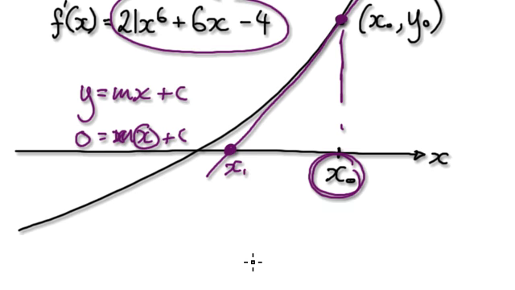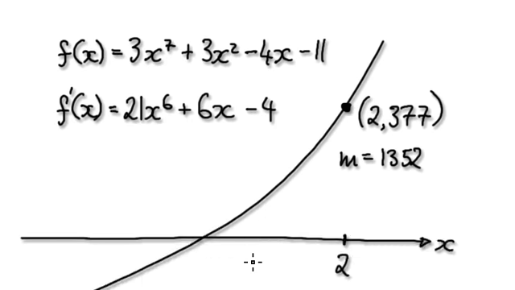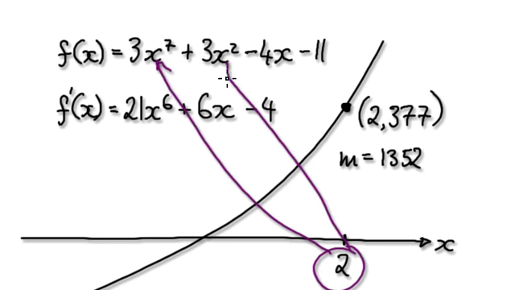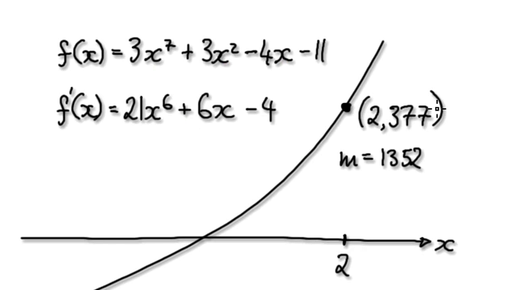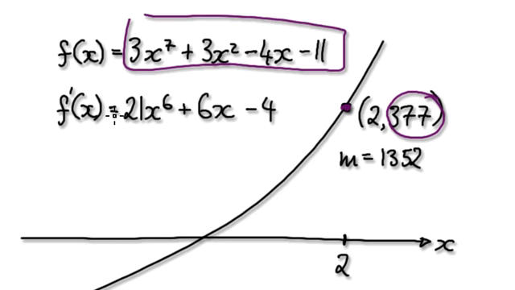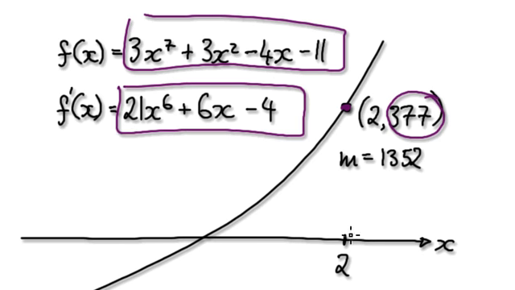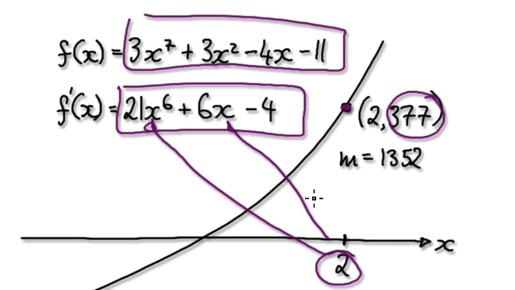So for example, hang on. For example, if you were to make a guess of 2, so put 2 into here, put 2 into here, put 2 into here. So this will then take you to the y value of 377. Okay, and then looking at this here, differentiate it. It will then give you this, and then put this into here, and that will allow you to work out the gradient at this particular point.